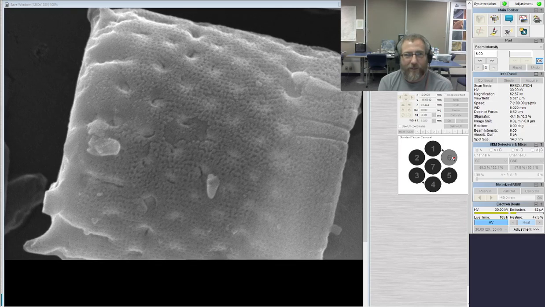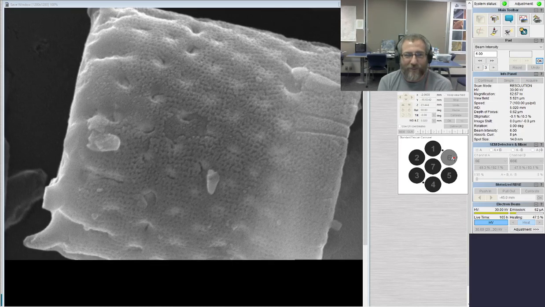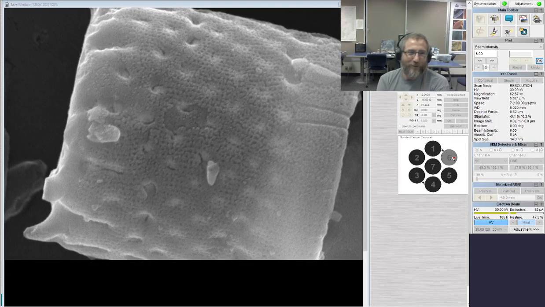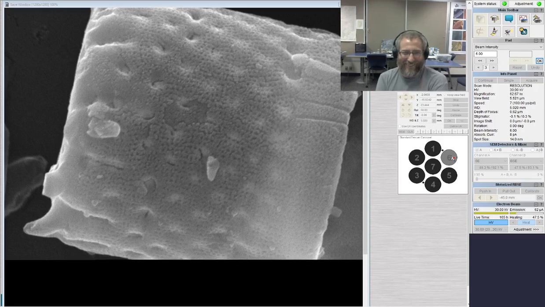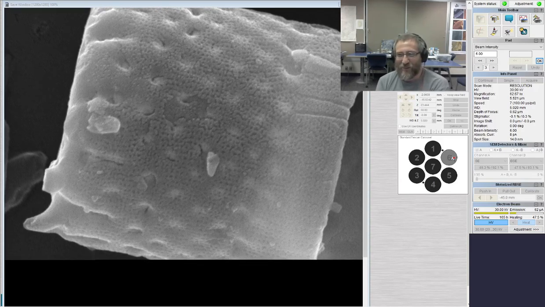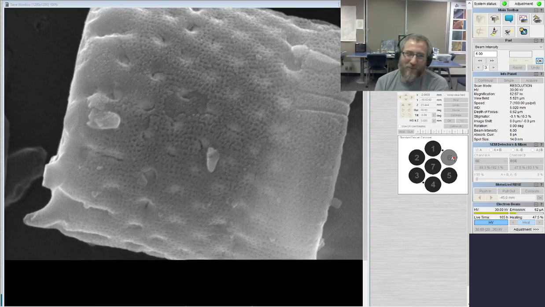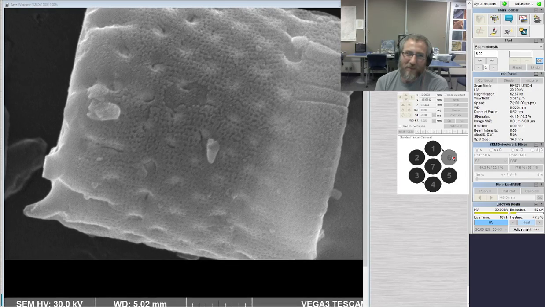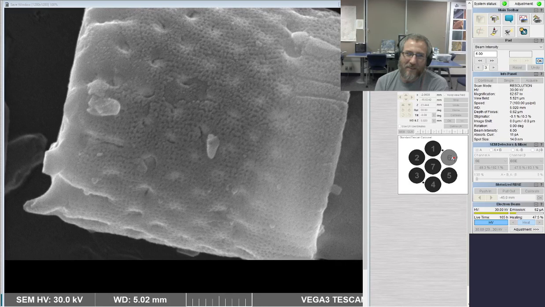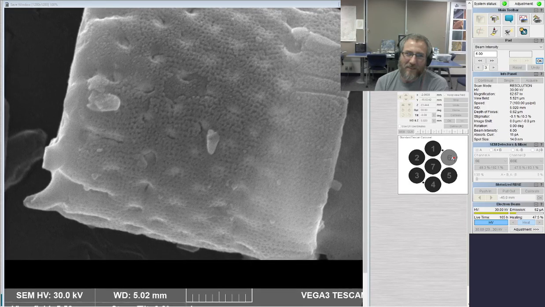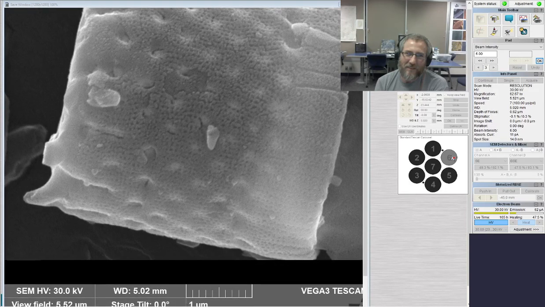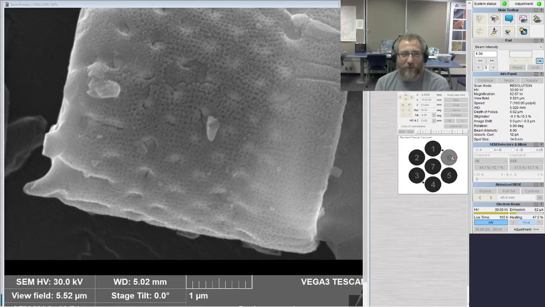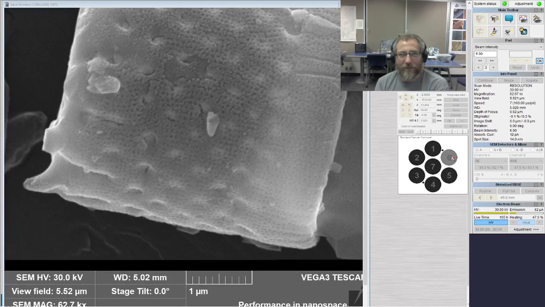What in the world is going on with this diatom? It hasn't gotten any more reasonable since I started. I just don't have a good explanation for it. I thought, are we looking at the underlying structure of the cell wall or something? I thought maybe it was a ghost of the girdle band that was left wrapped around it.